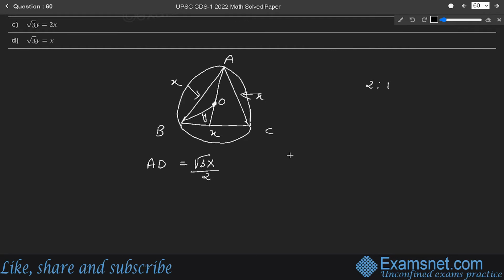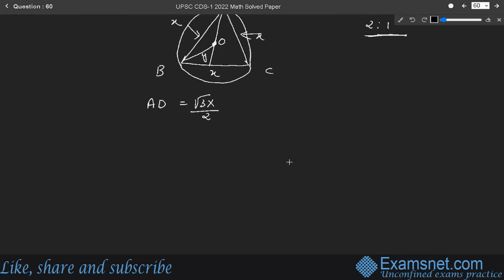And we know that the centroid divides the median in the ratio 2:1. Therefore, we can write OA : OD = 2:1, meaning OA : AD = 2:3. It can also be written as y : (root 3x by 2) = 2 : 3.